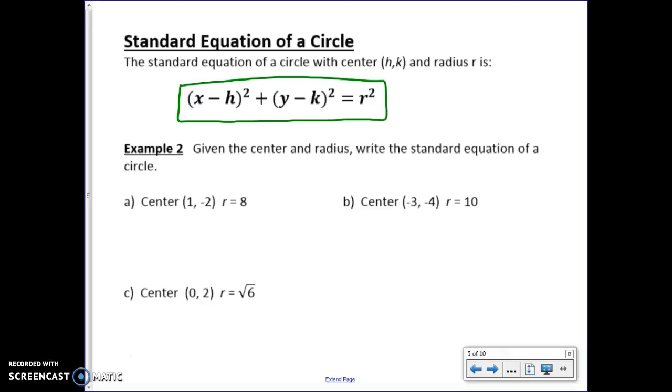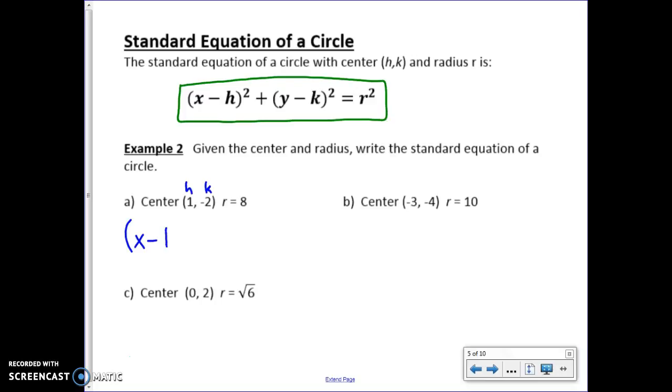So for this next example, it says, given the center and radius, write the standard equation of a circle. So we're still going to leave x and y in there. We don't replace them with anything. So we have x minus my h value. Well, the h value is the x value of the center, and the k value is the y value.